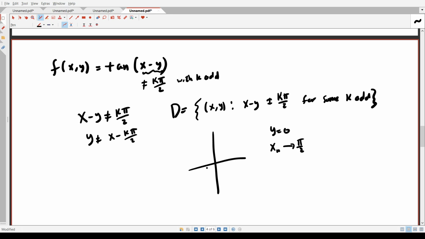So basically this is going to look like a bunch of lines like this. Okay, and then my set is everything inside of these. Okay, so let's trash that because that didn't work.